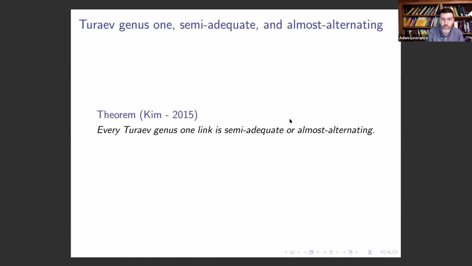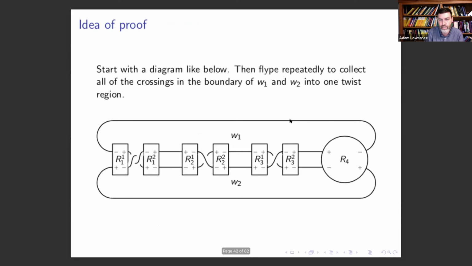And what Seung-Wan proved was every Turaev genus 1 link is either semi-adequate or almost alternating. So let's walk through a cartoon explanation of his proof, with some details shoved under the rug. This gives you the main idea. In this picture, let's look at the notation.